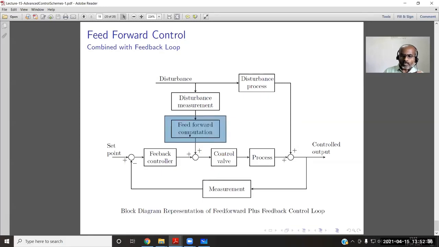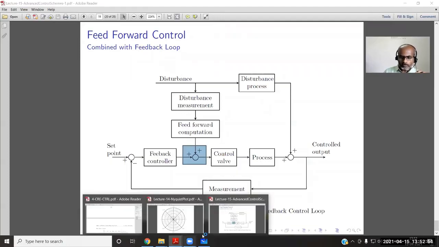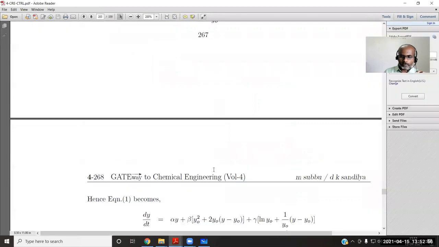Accordingly, we do this feed forward computation: how much controller action is to be given is calculated based on the relation between the process and disturbance, and the total effect is now acting on the control valve. Based on your small problem, we will see, then you'll be in a position to understand better.